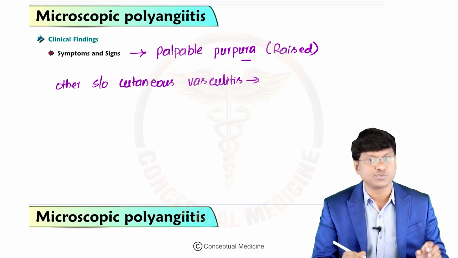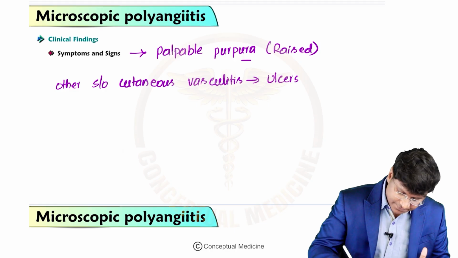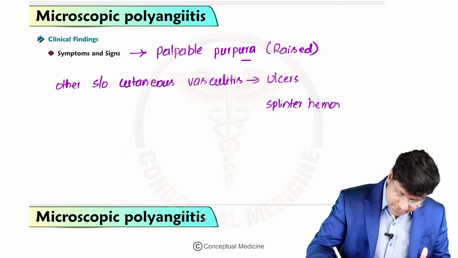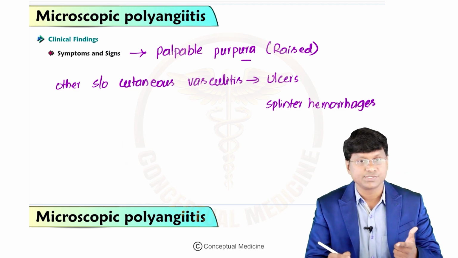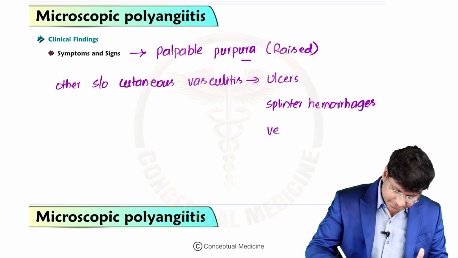Other signs of cutaneous vasculitis include the development of ulcers, splinter hemorrhages and vesiculobullous lesions.